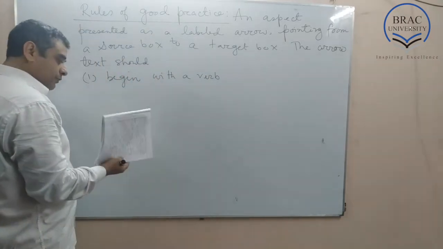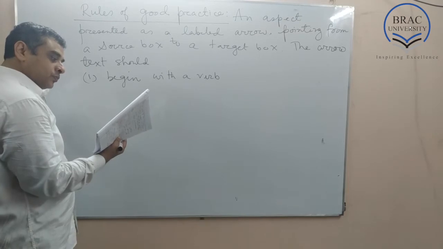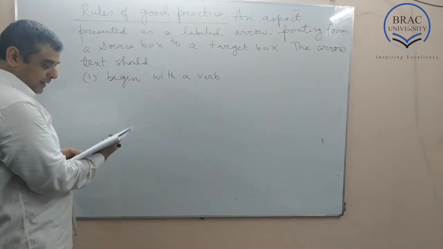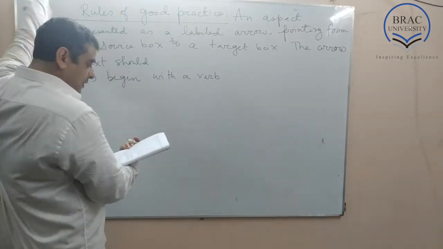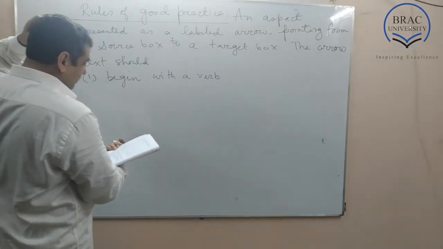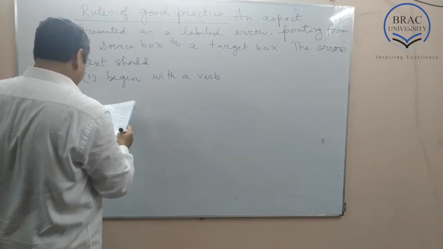Okay, let's say for the last example we had a valid aspect given by "has as first author", and there the label started with "has", which is of course a verb.